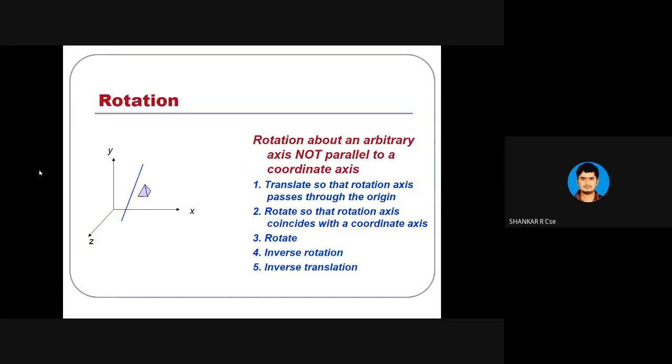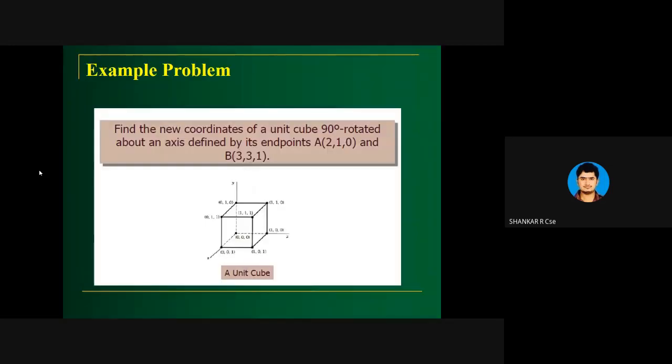Now, all these while we have understood the theory. Now, let us apply it. This is the last part of the segment. This is a unit cube. He says rotate this 90 degrees anti-clockwise. If he has not given anything, understand it as anti-clockwise so that our theta can be positive.